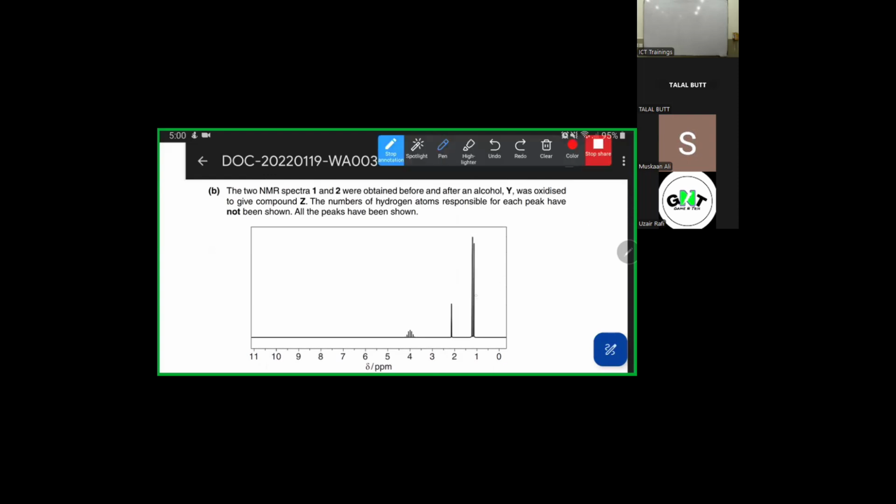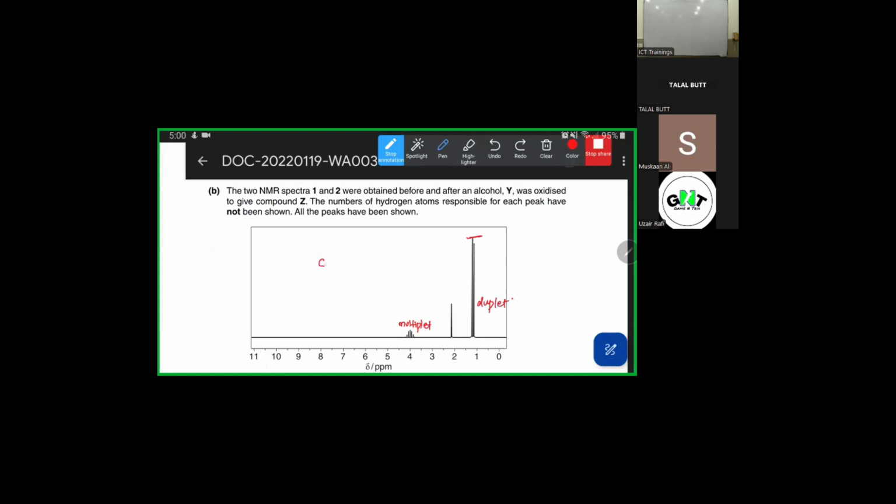If you look up here, this is a multiplet: one, two, three, four, five. More than four parts is a multiplet. This is a doublet, and the doublet has a very high abundance.